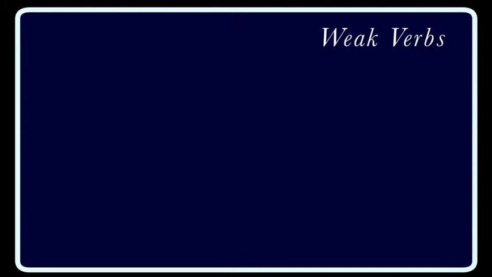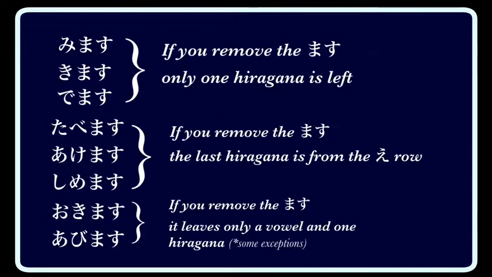In this lesson, we're going to look at how to change Japanese verbs into the plain negative. A quick review on how to differentiate between weak verbs and strong verbs. If we remove the mas, and there's only one hiragana left, mimas, kimas, demas, we know it's a weak verb.